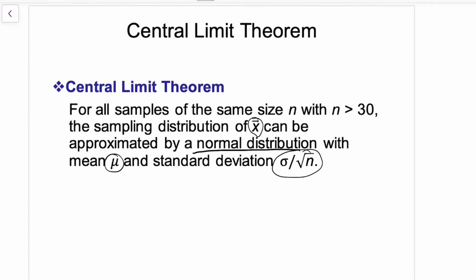And so no matter what the original distribution is, if I want to talk about the average of that sample, x bar, I can approximate that distribution with a normal distribution with a given mean mu and a slightly different standard deviation, sigma over square root of n.